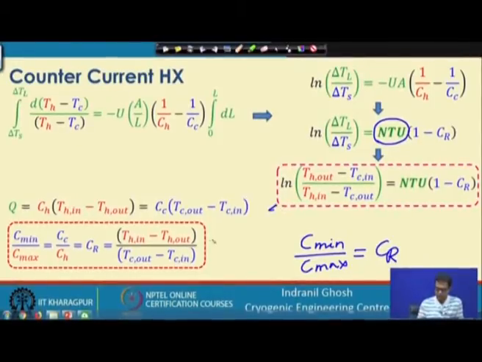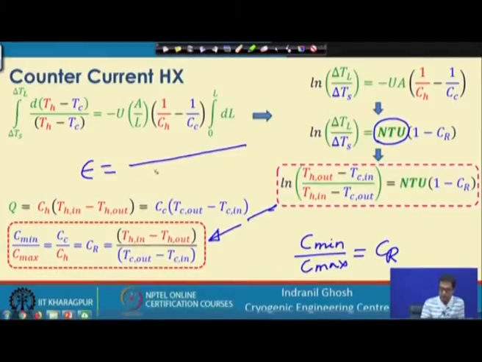We also have this relation about the actual heat transfer, and if we slightly manipulate these two, and take the heat exchanger effectiveness expression epsilon, here what is the minimum capacity fluid? C_C is the minimum capacity fluid, the cold fluid.